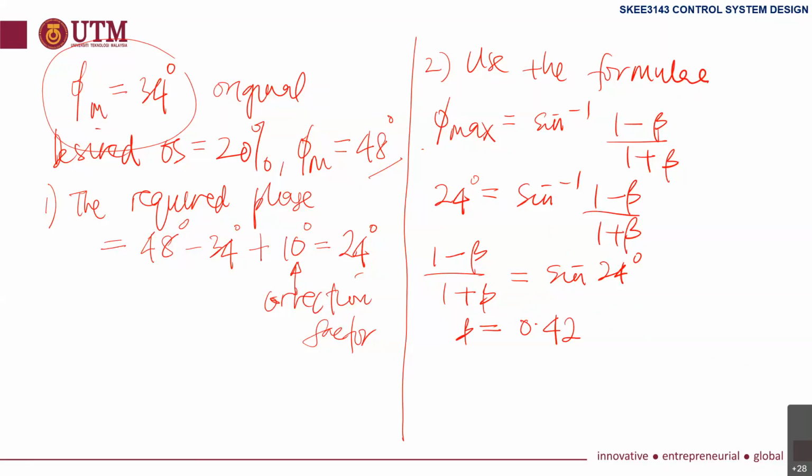Sine 24 degrees is 0.4067. If you solve, you get beta equal to 0.42. That is the first formula that we can use.